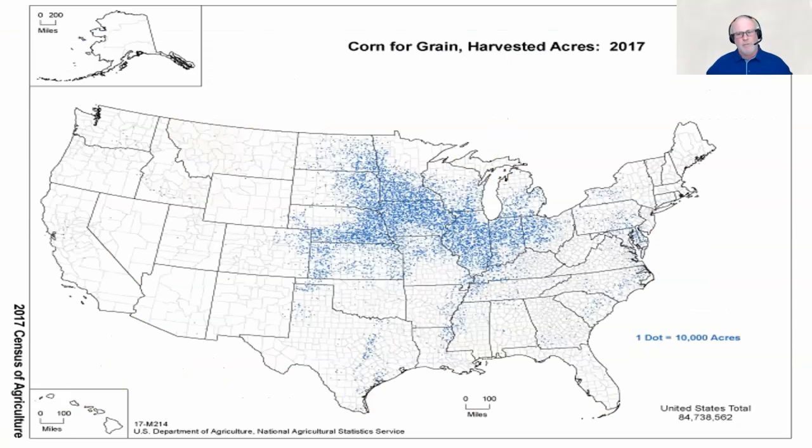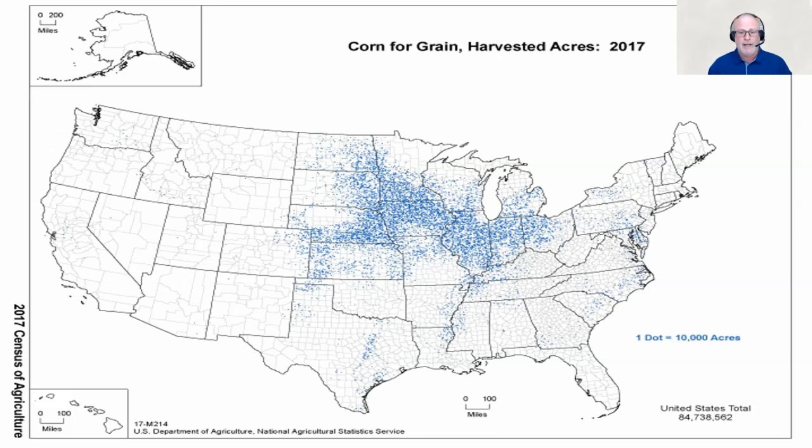When we want to show distribution, a pattern or a spread of information, we're oftentimes going to resort to what we call a dot map. Sometimes it's even called a dot distribution map. In this case, we can see over on the right-hand side that one dot is going to represent 10,000 acres of corn that's being harvested for grain.